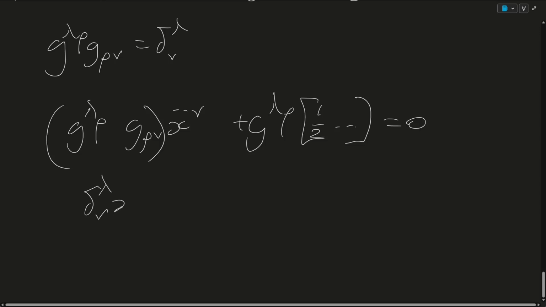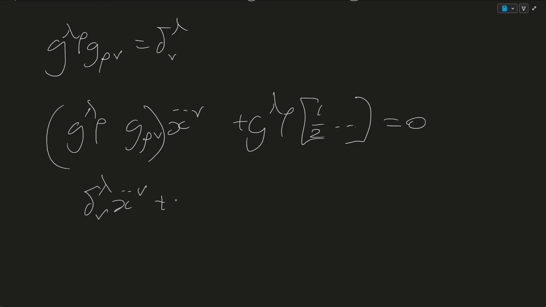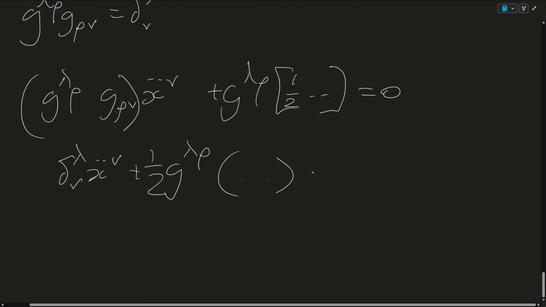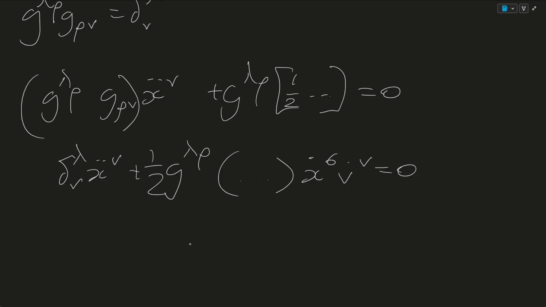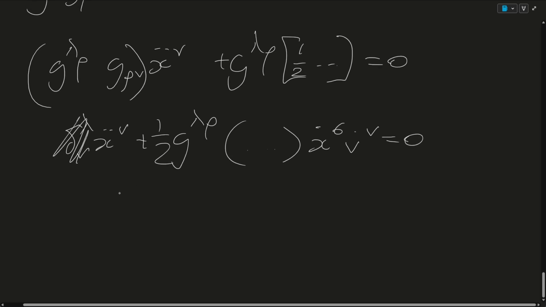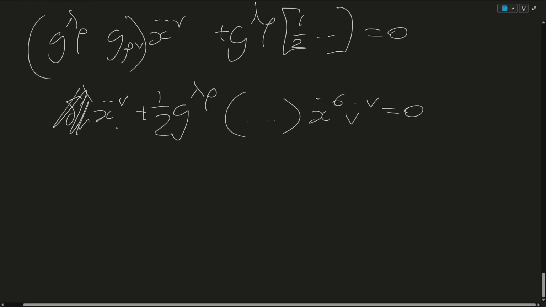So delta lambda x double dot nu plus a half g lambda rho times that whole sequence from above, x dot sigma x dot nu equal to 0, and that's just the identity matrix, so that can be scrubbed out. It's just going to be the same thing for our four-acceleration.